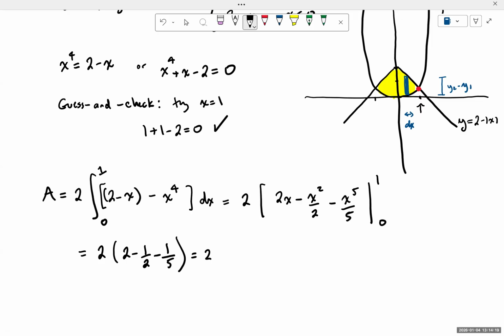So when is this? Seven, thirteen. So 13/5. That looks good to me. I'm good with 13/5.